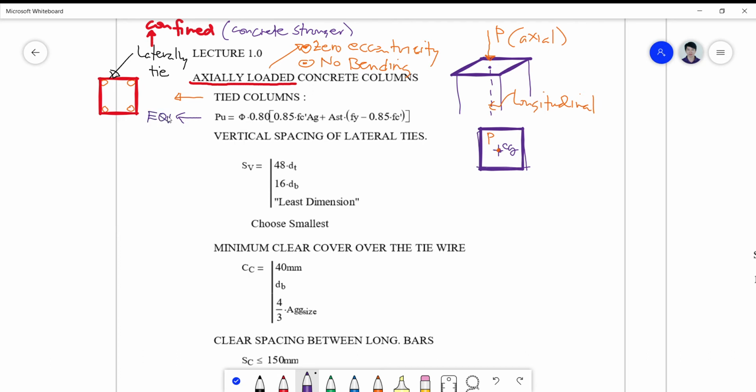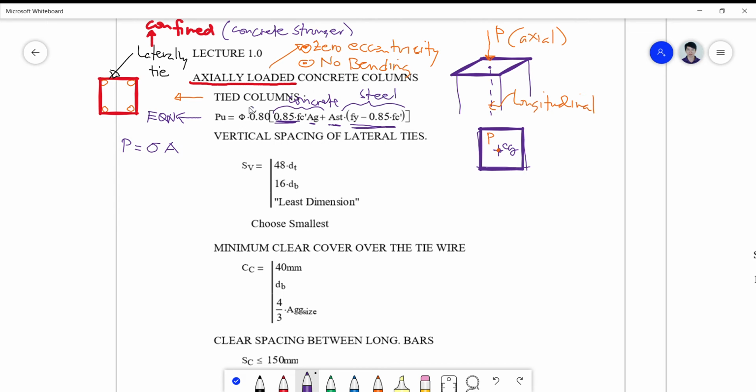This equation is simply stress. Pu or P is simply a stress multiplied by the area. You have here a stress and an area, and here a stress and an area. It consists of the concrete part, which is this one, and the steel reinforcement.